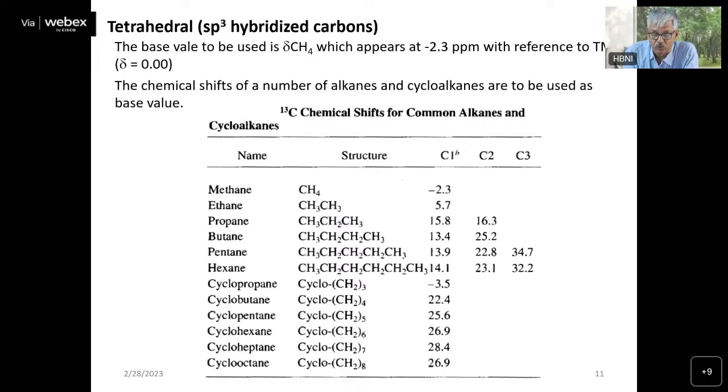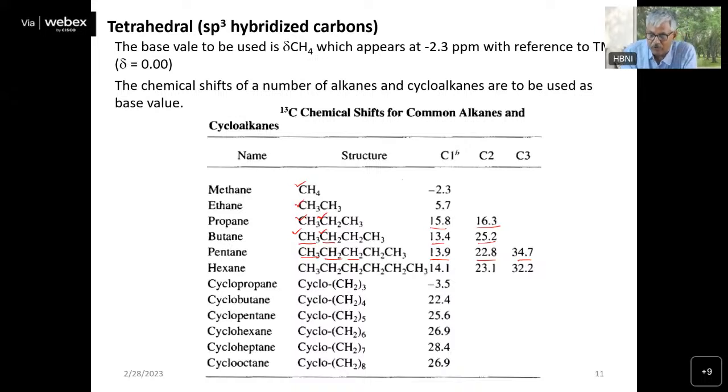For propane, there will be two, this CH3 and this CH2, so you get two values for C1 and C2. In the case of pentane you will see three, and like that for hexane also there are three, because we will consider these as the base values.